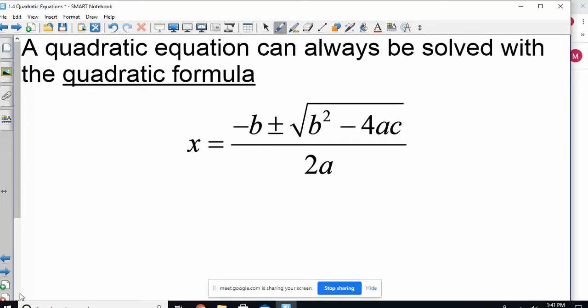You have to have the quadratic on one side and set it equal to 0 for it to work. A, B, and C just represent your coefficients, A being the coefficient on your square term, B is the coefficient on your x term, and C is a constant.